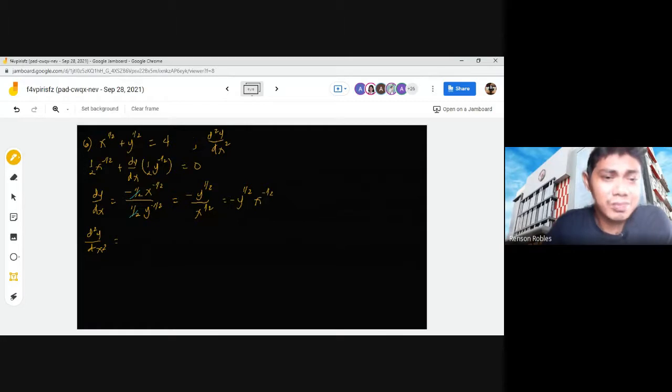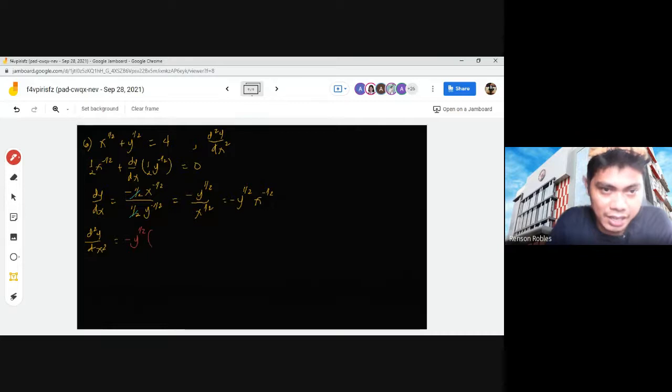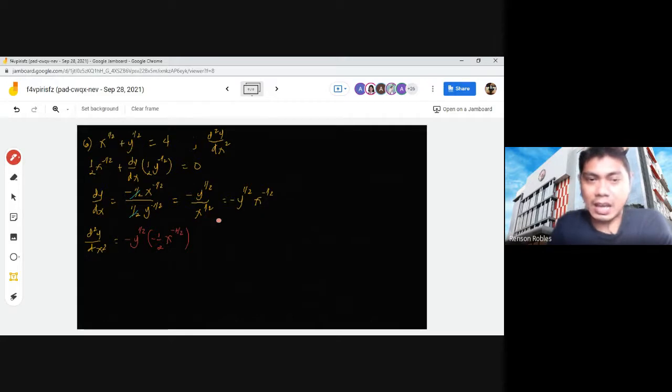Okay. So in terms of x, which one do I copy? The negative y raised to 1/2, and then which one do I differentiate? X raised to negative 1/2. Negative 1/2 x raised to negative 3/2. Okay? If you use this one, it's easy. 1/2 multiplied on top.